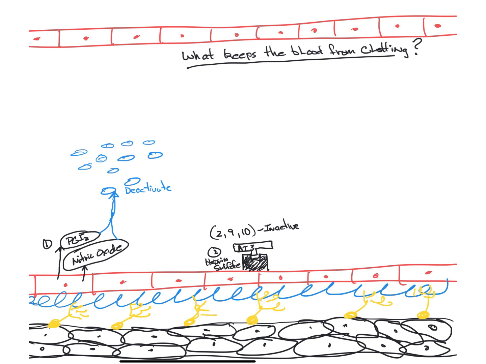The third one that plays a role in this, which is a little more complicated, is another protein that is going to be on the surface, okay? And this protein is thrombomodulin.